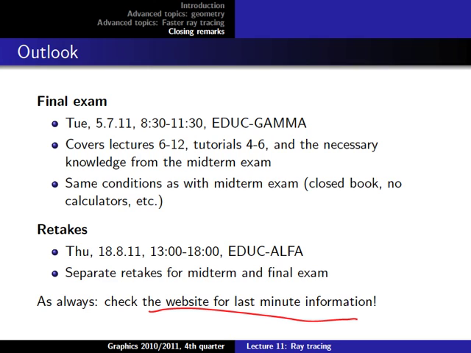Just a quick note, because I do this a little different than most of my colleagues. I have 2 separate retakes for the midterm and the final exam, because I think that's nicer to you. If you just screw up one of them, why should you redo both of them? So if you have had a bad first exam, make sure the second one gets better, then you just have to do one retake and not both of them.